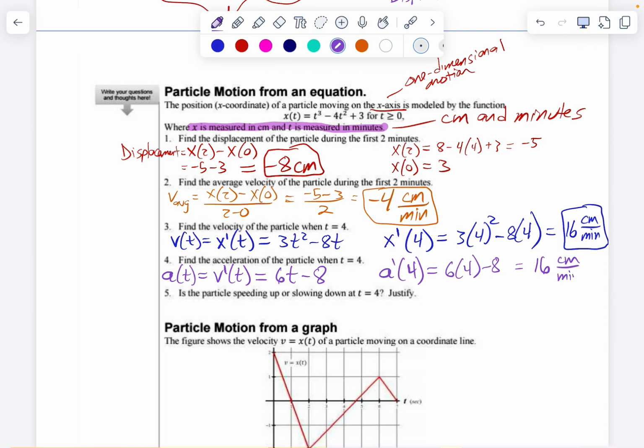You can stick a little 2 there. Or you can say 16 centimeters per minute, per minute, and that's also okay. That's more of the conceptual idea: every minute we're gaining 16 centimeters per minute in our velocity.